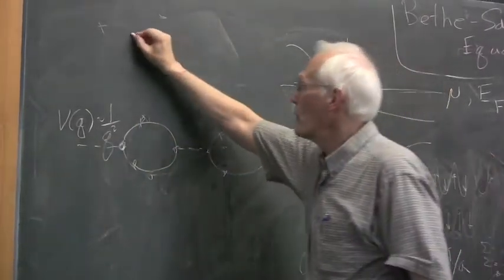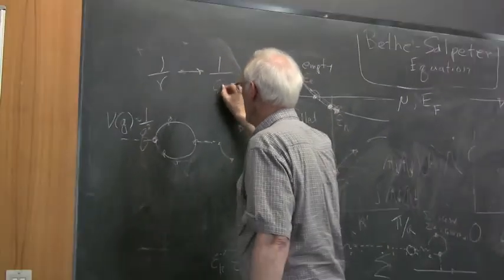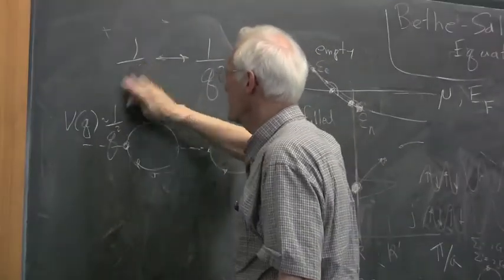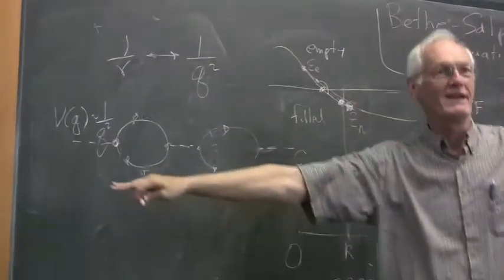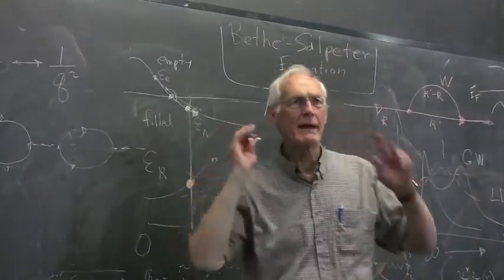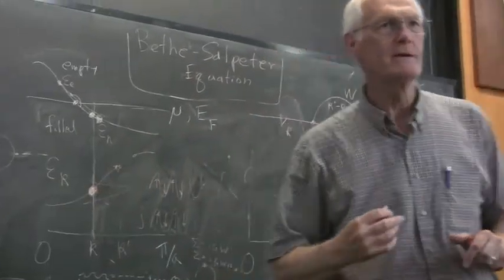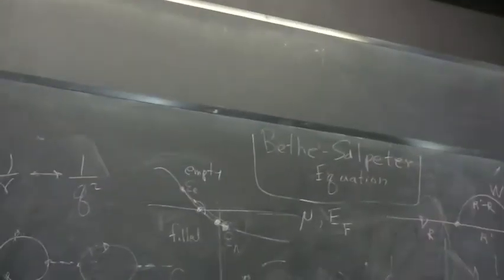So this is 1 over R in real space, and 1 over momentum squared in reciprocal space. So it's large at long wavelength, or small q. Am I using notation that's familiar? Not everybody says that, huh?